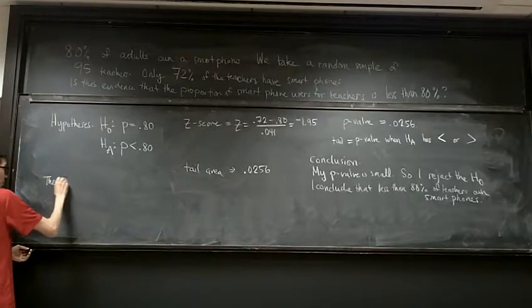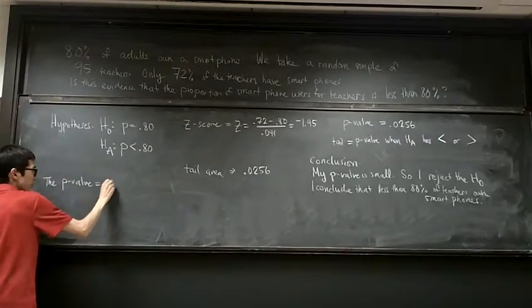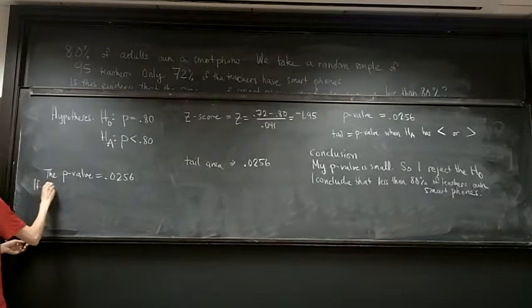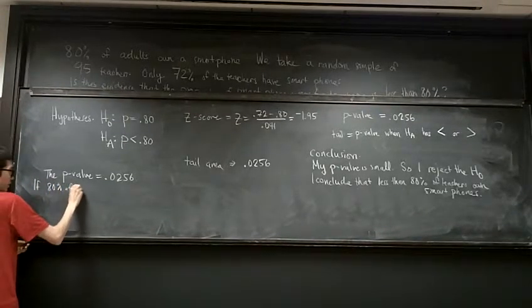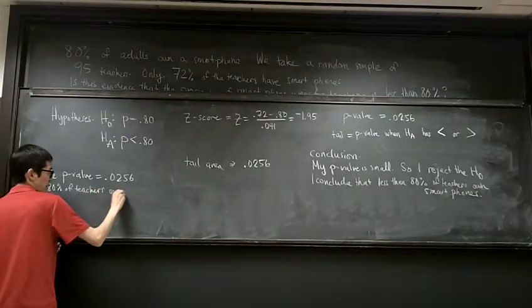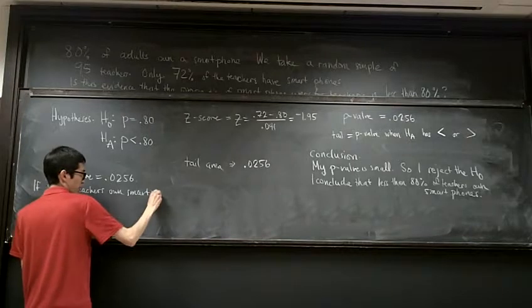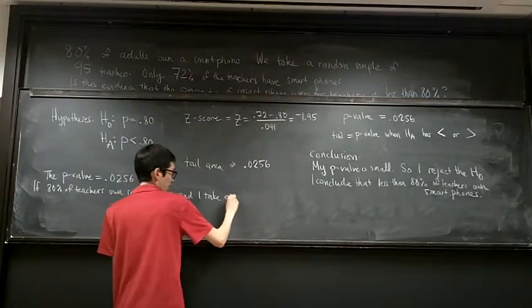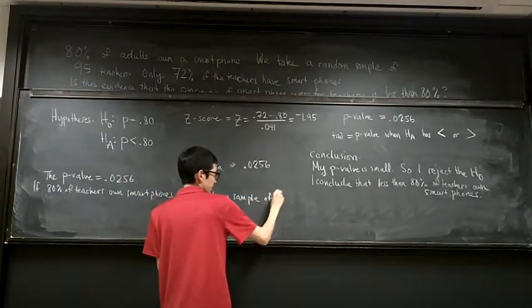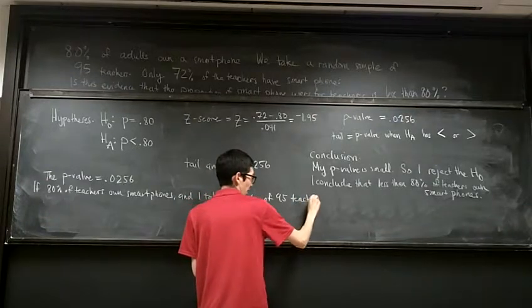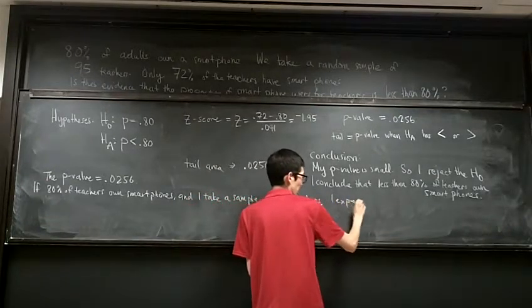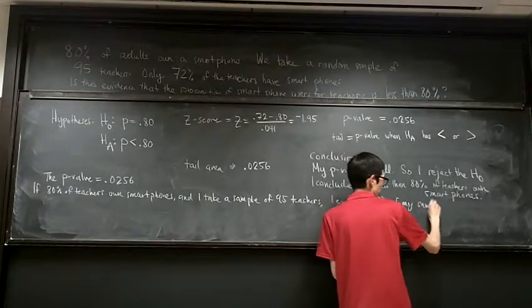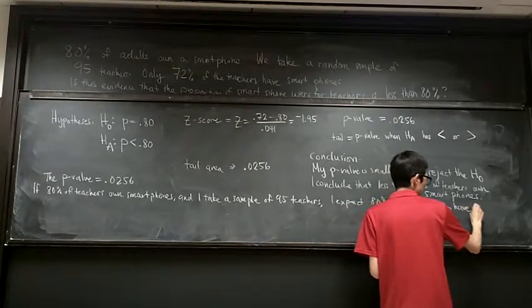The p-value equals 0.0256. That means, if 80% of teachers own smartphones, and I take a sample of 95 teachers, I expect 80% of my sample to have smartphones.